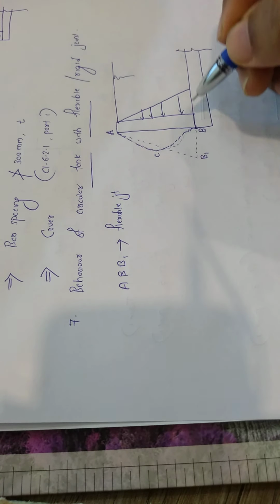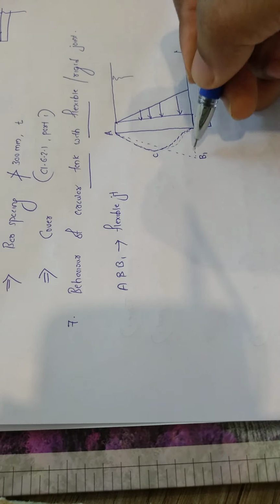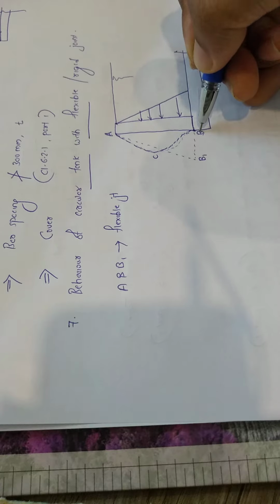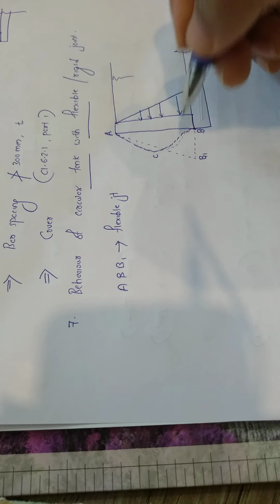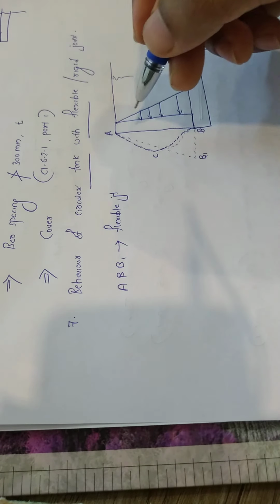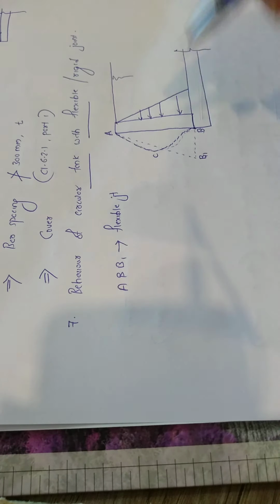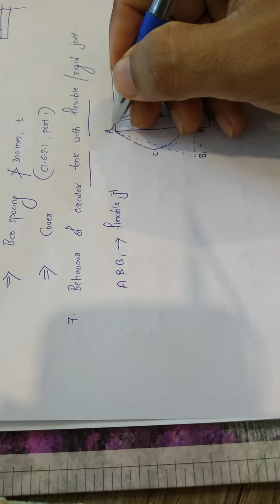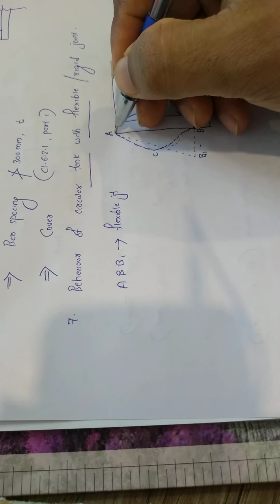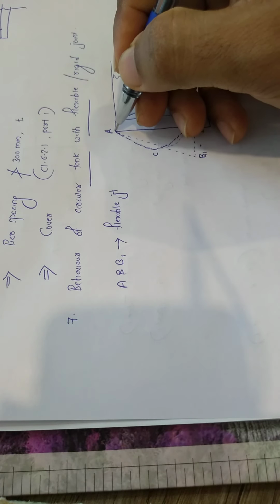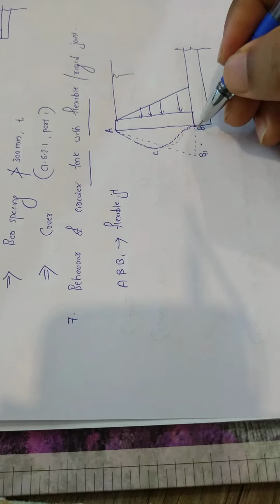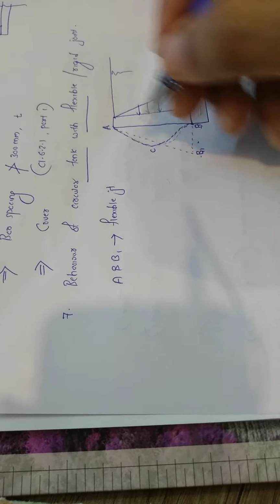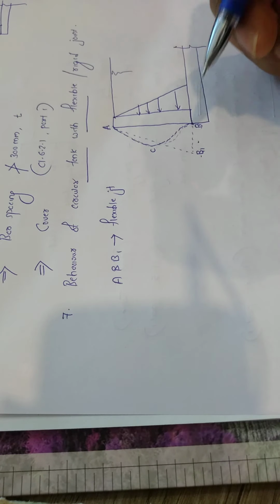As this is a flexible joint, it tries to move from point B to point B1 as per the hydrostatic pressure. We know that hydrostatic pressure increases with depth. The maximum pressure will be at the bottom and minimum at the point A. So at point A there will not be any pressure, and hence there will not be any movement. But the point B travels from B to B1. Okay, so this is the deflected shape for a flexible case.